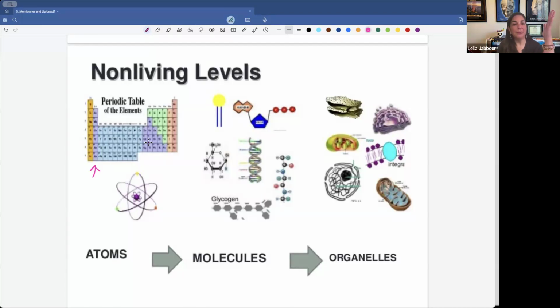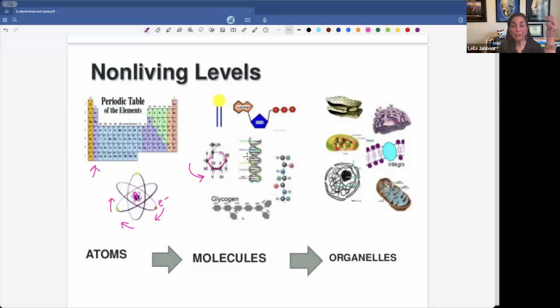These atoms come together to form molecules, and that's what you see over here. An atom has a nucleus made of protons and neutrons, with electrons gravitating around the nucleus. Atoms come together and form bonds between each other, just like the bonds between these two carbons, these two carbons, these two carbons, etc.